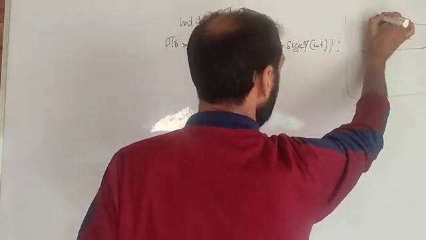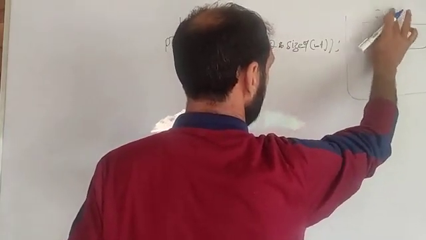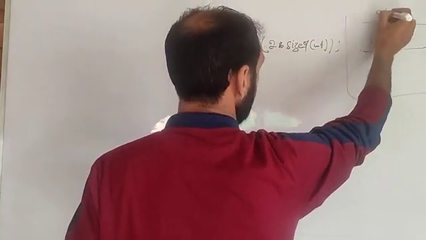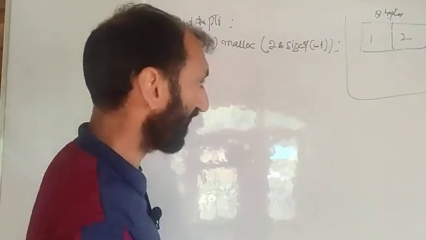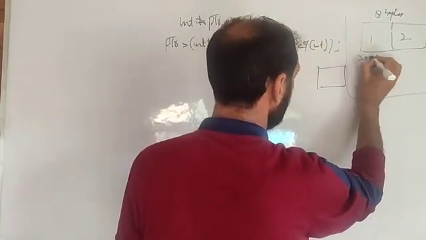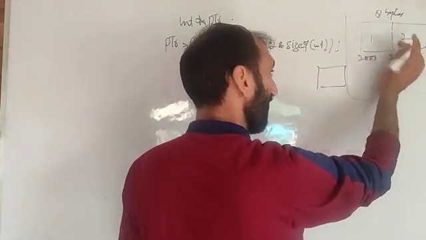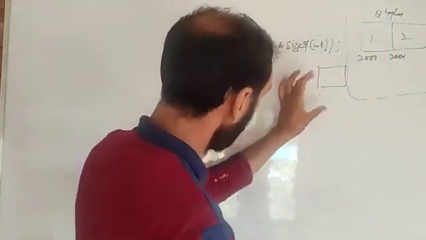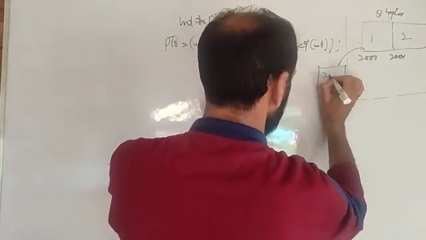That means a total of 8 bytes of memory will be allocated dynamically by using this malloc function here. And obviously it will return, for example, 2000 as the address of the first byte and 2004 as the address of the second. Obviously it will return the pointer PTR.